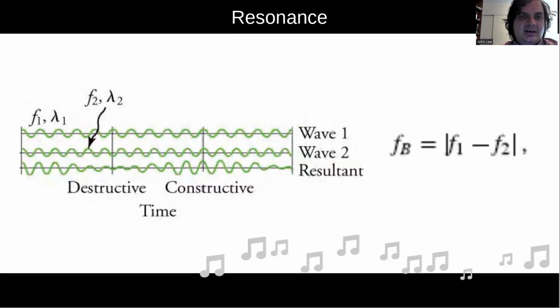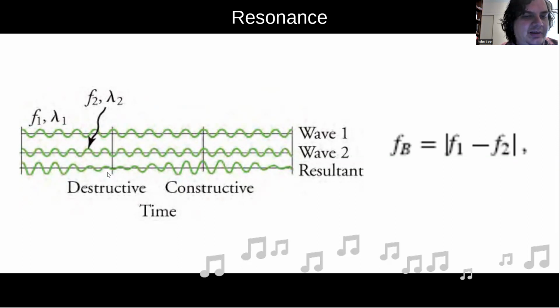There's also something called a beat frequency, which happens if you have slightly different frequencies. As you see here, you have two pure waves, two sine waves, with slightly different frequencies.